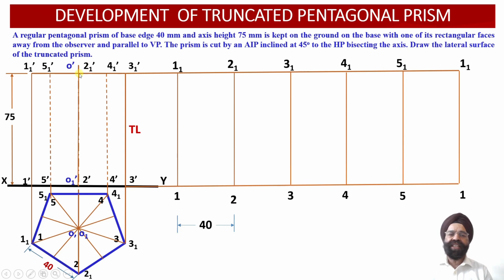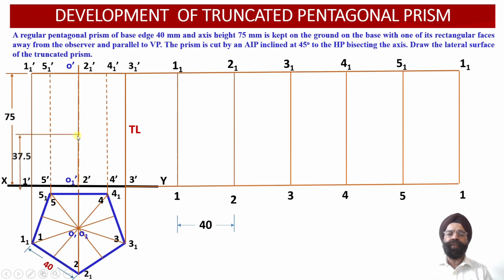So where does the axis of this prism lie? The axis of this prism lies at this particular position. So O dash is the axis point of this pentagonal prism at the top face of the prism, whereas O1 dash is the axis point available on the base of this pentagonal prism.